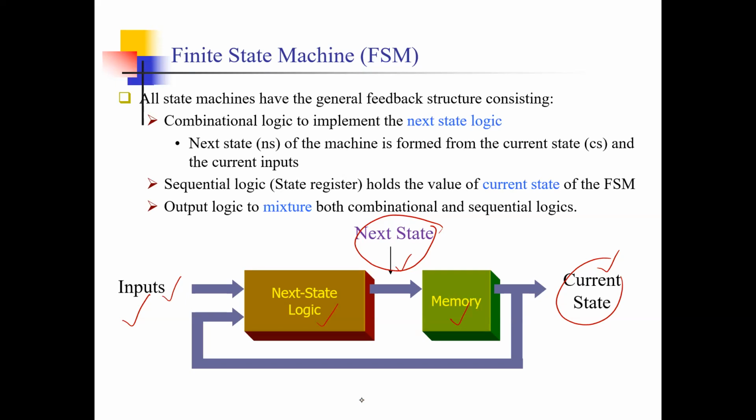Sequential logic holds the value of the current state. Generally, memory is the sequential logic, and the next state logic is combinational logic. One more thing you need to add here, that is the output logic. The output logic is again combinational logic.